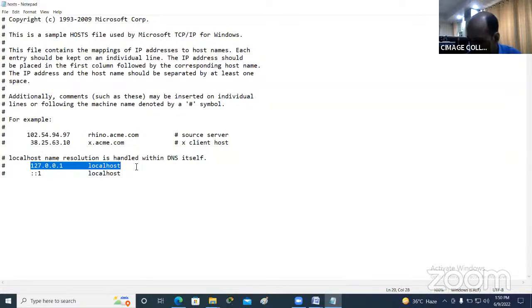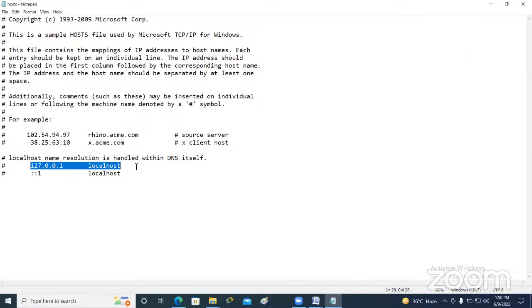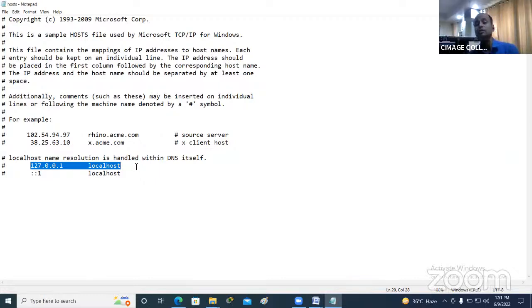Has anybody noticed it? Something is written in IP form, with 127 dot. What is exactly written there? Okay, next time you will have to see it.